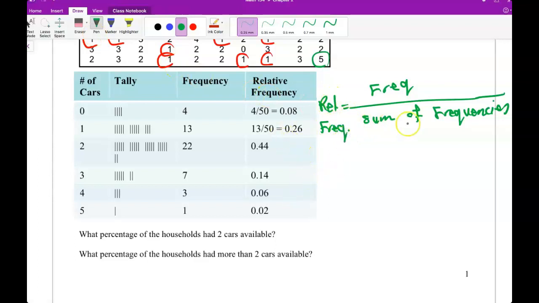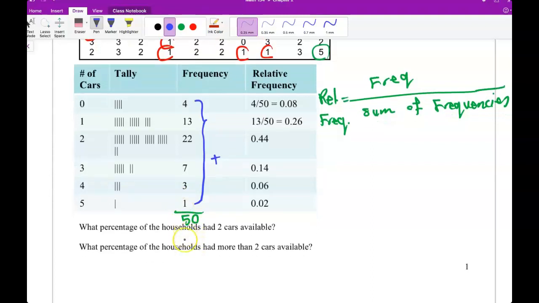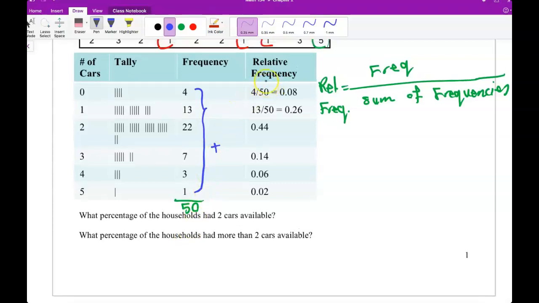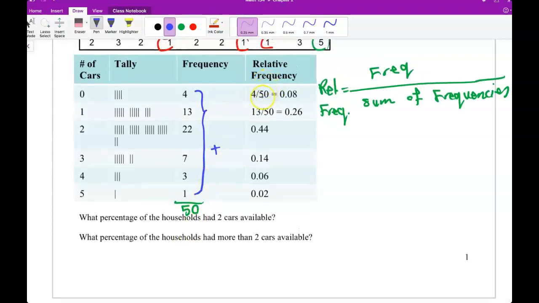Since the denominator is 50, if we add these numbers, the total is 50. We covered this in the previous section. So each one divided by 50 is the answer for relative frequency.